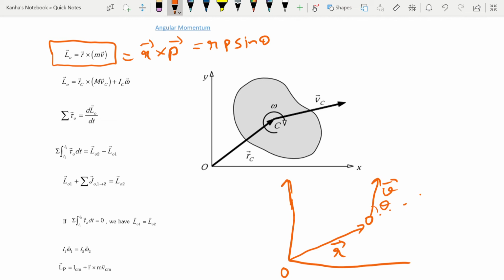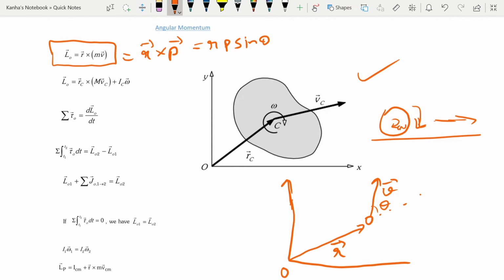Similarly, if you have a general plane motion in which there is a body which is moving with a velocity v_C, the velocity of the center of mass, and it is rotating as well. For example, if I have a rolling ball on a floor going to the right side, it's rotating as well as moving.